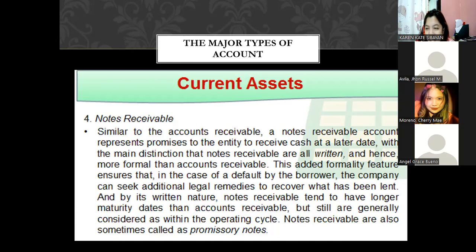Kasi lalo na kung verbal agreement lang, pwede niyang itanggi. Hearsay, hindi naman ako nanghiram. Uy, nagbayad na ako, ganyan. Same as kung ano yung na-receive. For example, kapag may ipinapasa kayo sa mga subject teacher ninyo, it applies to all.